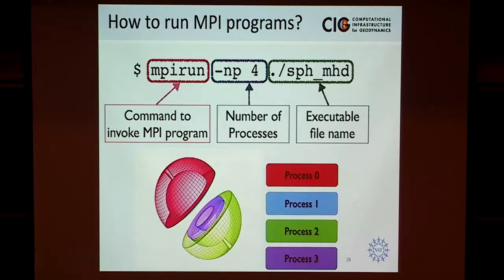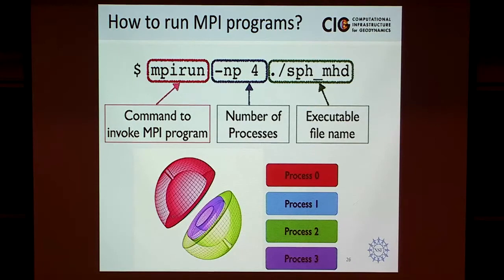So I've already shown the commands. It's a little bit different to start MPI programs from a single processor program. We need the mpirun command first, and np, which indicates the number of processes, and then the executable command.